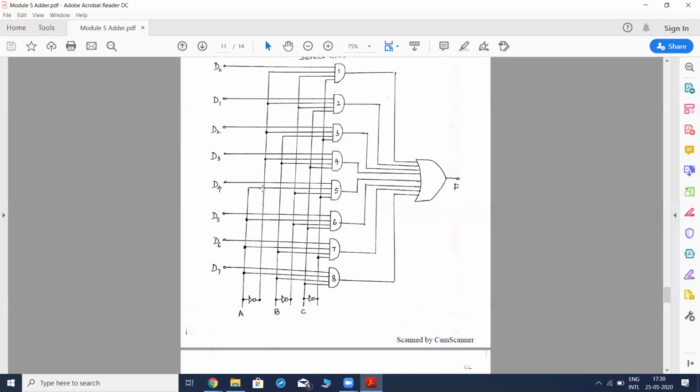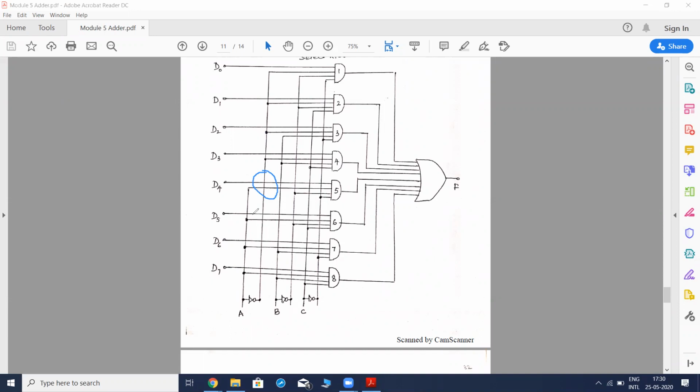So if the lines are overlapping over here, see for example, you could see that a few lines are overlapping over here. When you write like this, there will not be any connection over there, they're just overlapping, that's it.